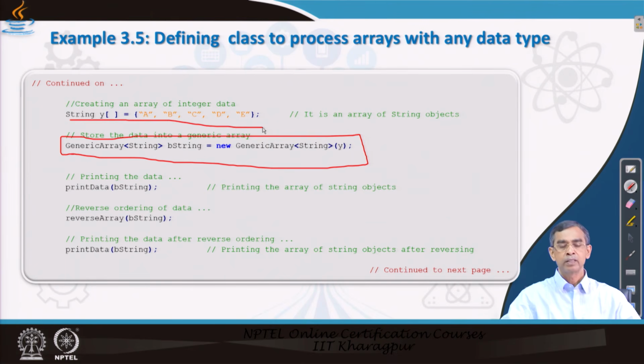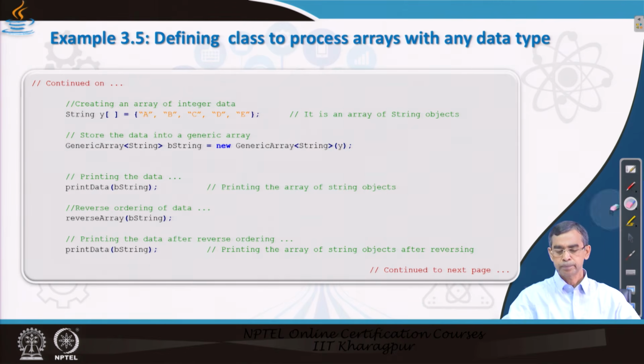We pass the string array here and then print, reverse, and again after reversing print this one, and you can see the same way we have done. We did not write any separate code for string; the same code which works for integer array is now working for the string array.